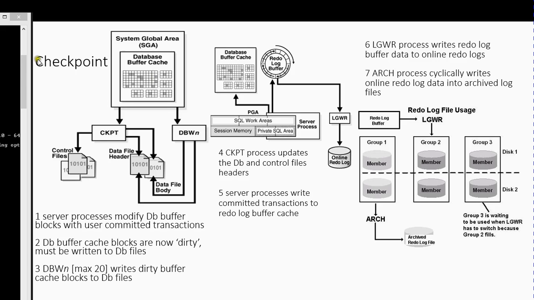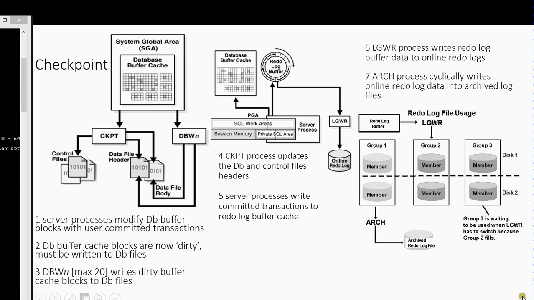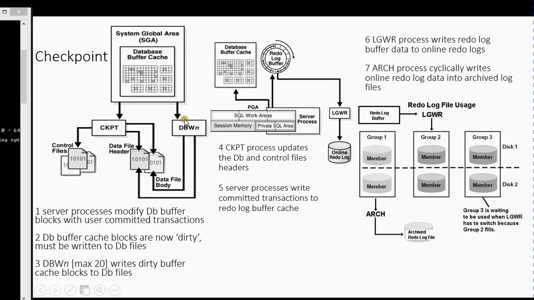So you already know what's going to happen with the database buffer cache: the database writer will be responsible for taking the dirty blocks into the data file. But what you can do here is optimize the redo log buffer.